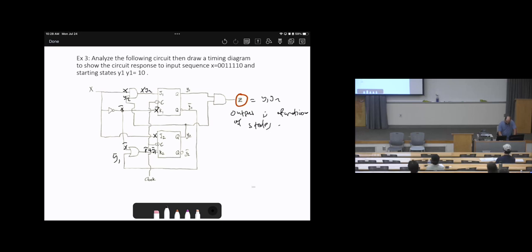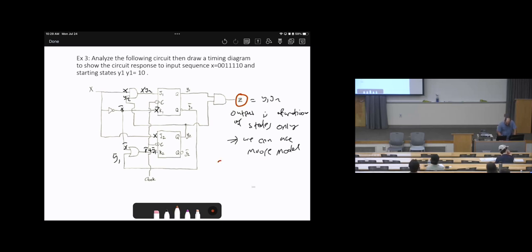It's not a function of inputs. So in case we need, we can use a Moore model. If you want to use Mealy, that's fine, but we can use Moore. And we don't expect to see mid-cycle change, right? Because in Moore model, the output is a function of states.